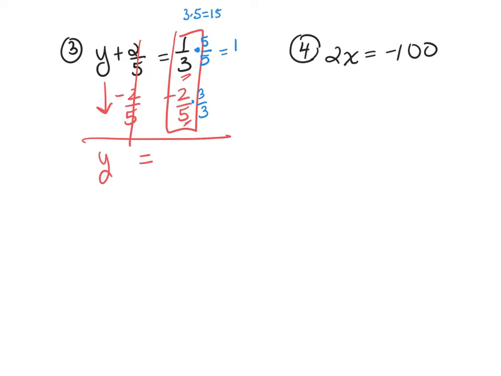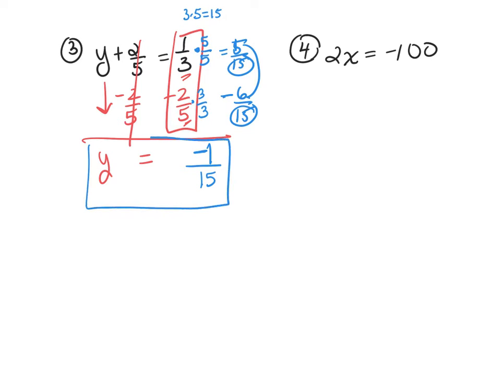So this gives me 5 all over 15 minus 6 all over 15. So when you add or subtract like fractions, you keep the denominator, and then you do the operation with the numerator. So 5 minus 6 is a negative 1. And that's your answer.